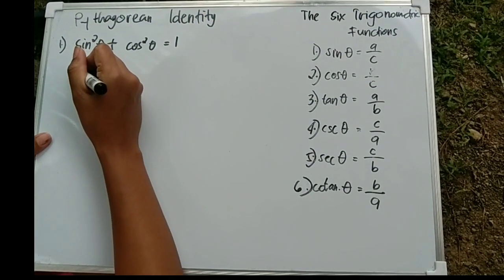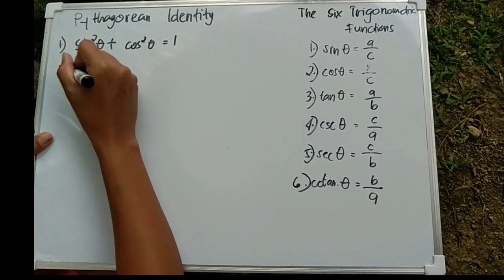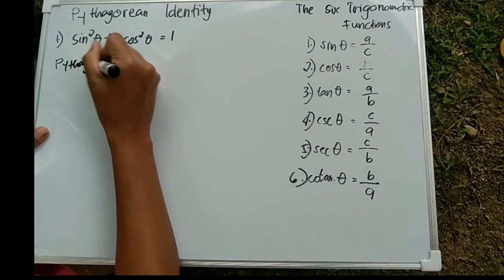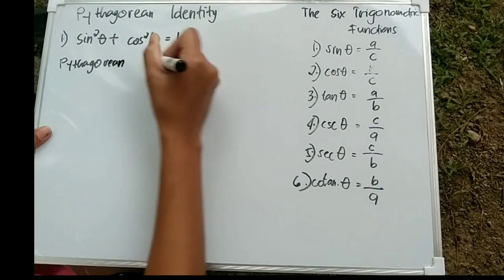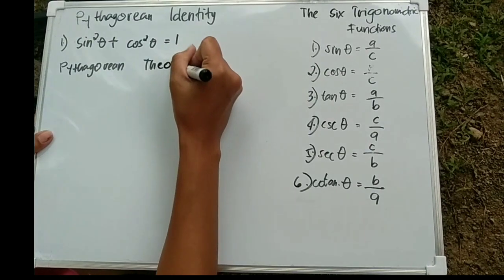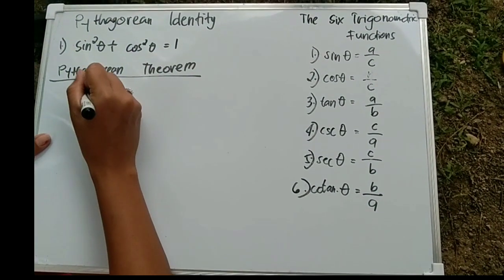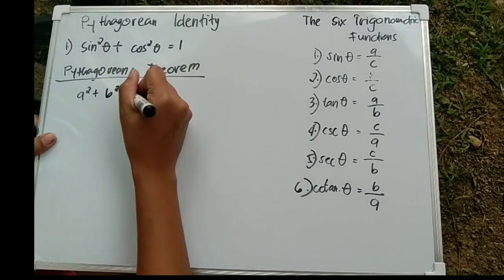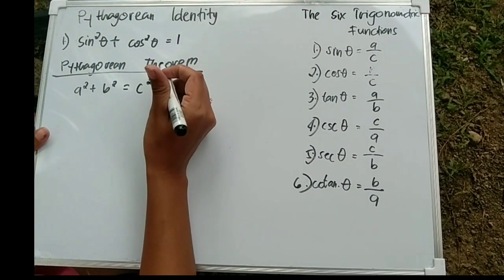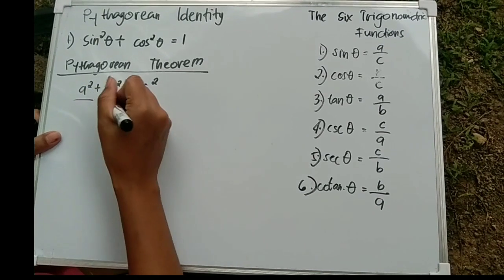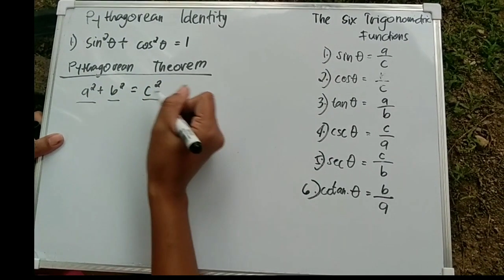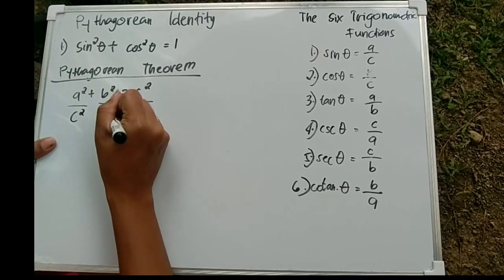To get this identity, we should use the Pythagorean theorem. We have A squared plus B squared is equal to C squared. So to get sine squared theta plus cosine squared theta, divide both by C squared.